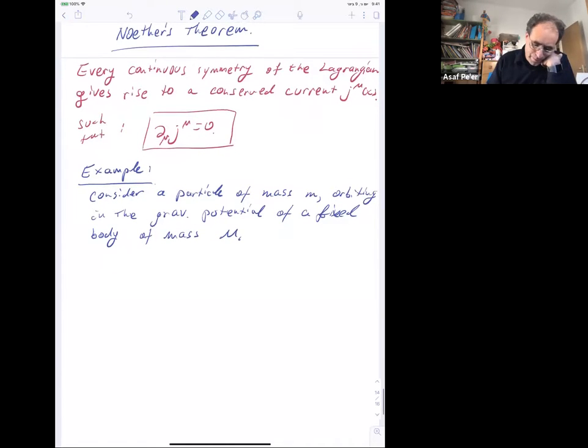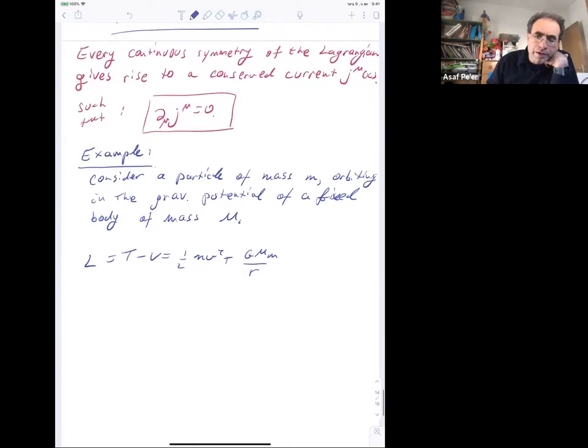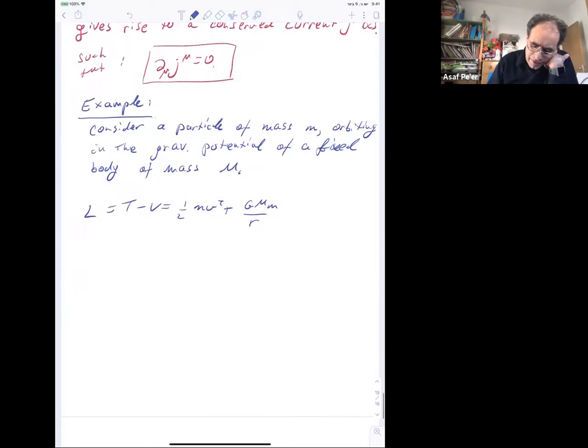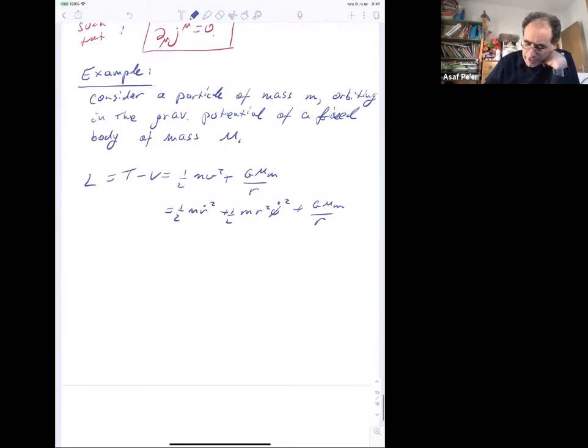So L equals T minus V, 1/2 m v squared plus GMm over r. The velocity I can split into r and phi coordinates. So this is 1/2 m r dot squared plus 1/2 m r squared phi dot squared plus GMm over r. r and phi are polar coordinates.